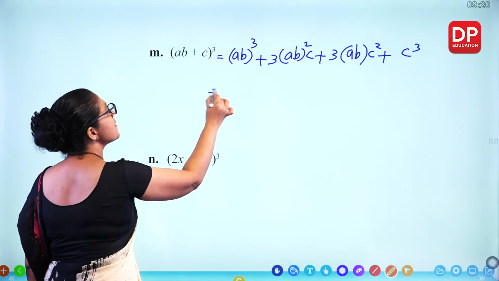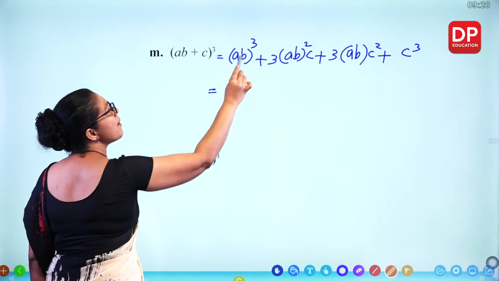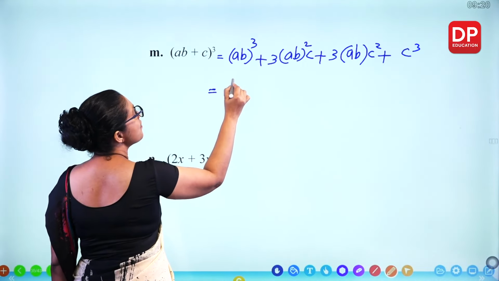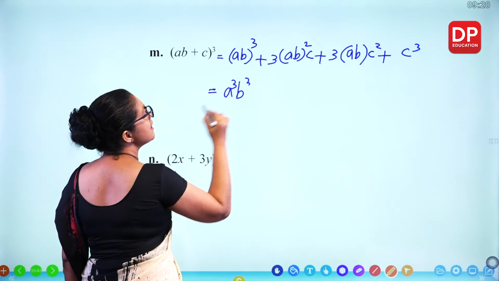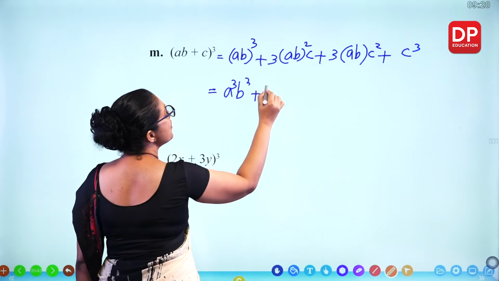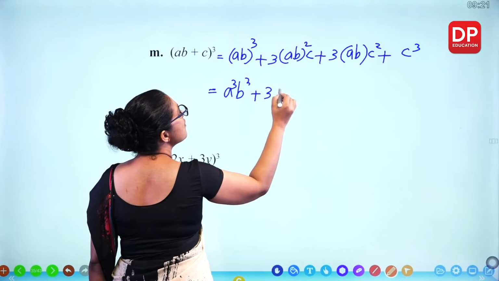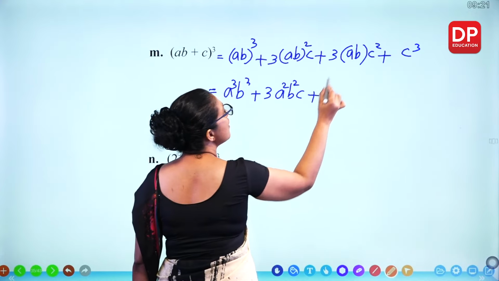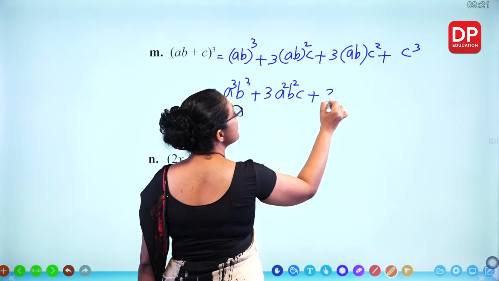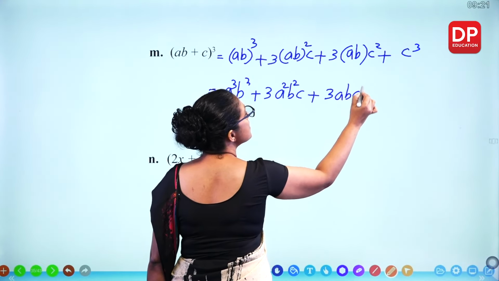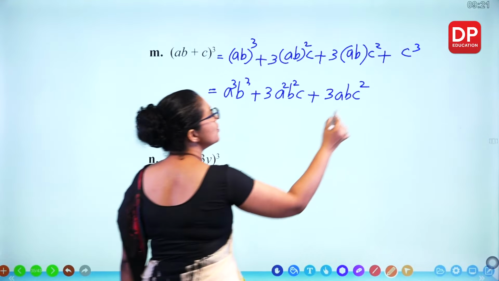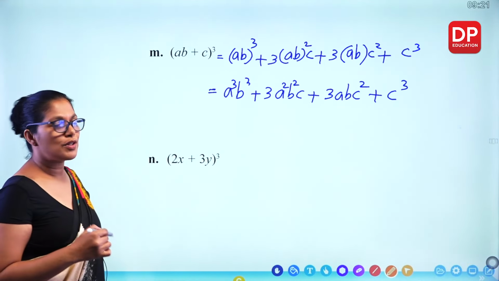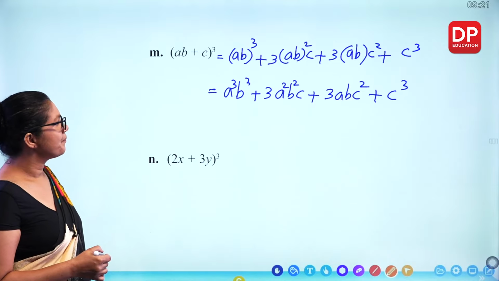So what's the answer? When you take power 3, you have to consider both powers. So a cubed b cubed. This one I get 3. Both these power 2, a squared b squared, c. This one all power 1s, 3ab, but c power 2. The last term, you get c to the power 3.